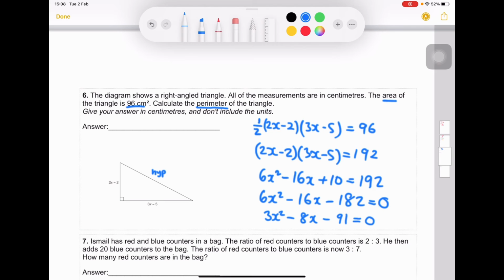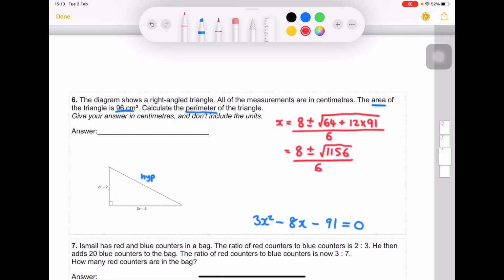equals 0. Now we are going to use the quadratic formula to work out where x is. So here is where I have gotten up to. Root 1156 is 34.